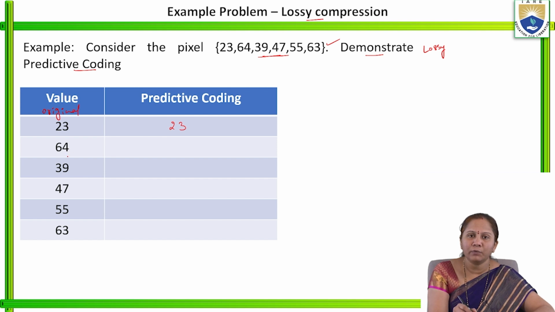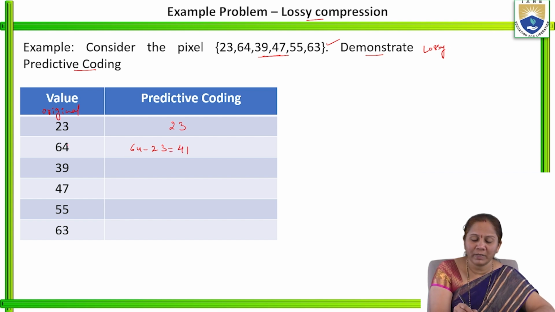The next value is 64. In order to get the predictive value, the previous pixel also should be considered. So if you do the subtraction operation, 64 minus 23, the previous pixel value is 23, we will get 41. The next one is 39, the original value.